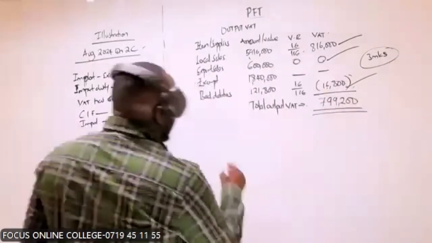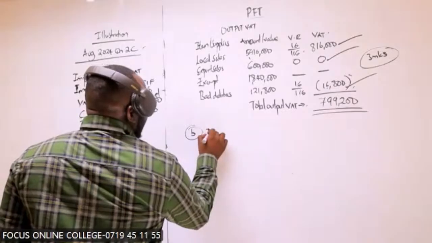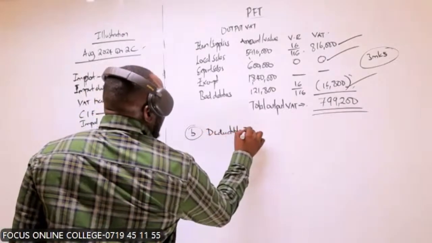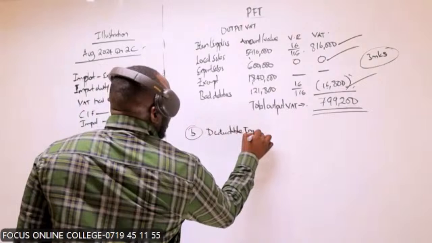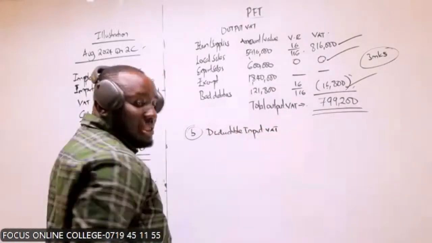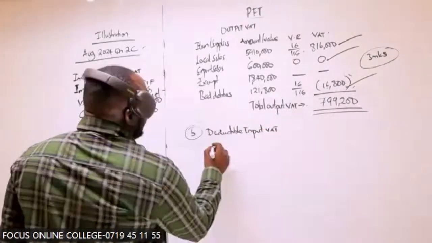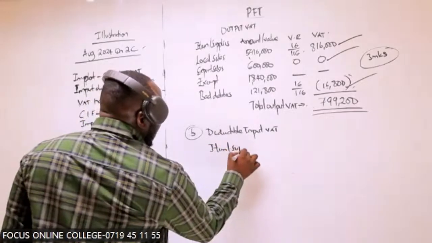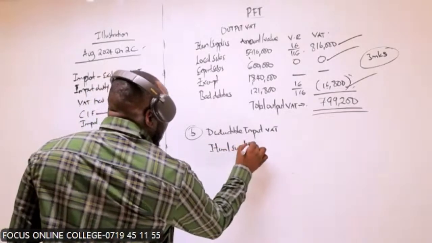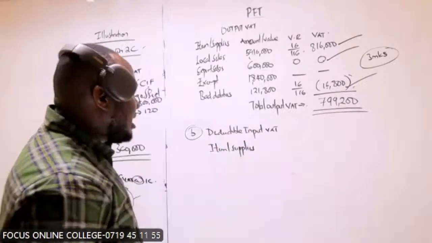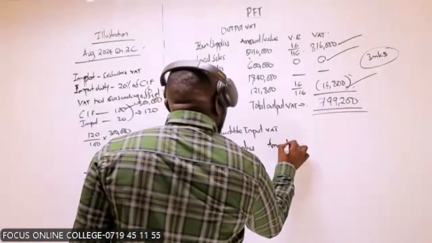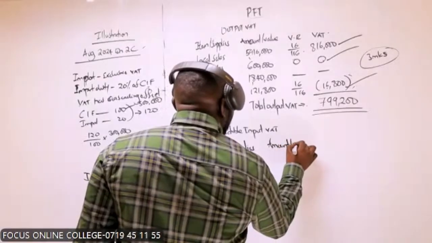So we move to the second, that is B. We call it deductible input VAT. Before we get it, we get input VAT, the total input VAT. So you're going to say items to what we call supplies. We have a figure that is amount to what we call value.